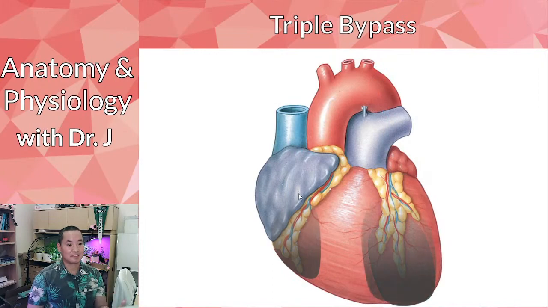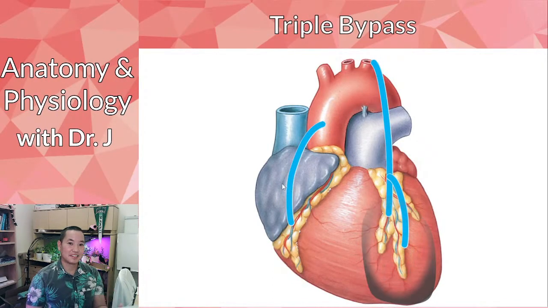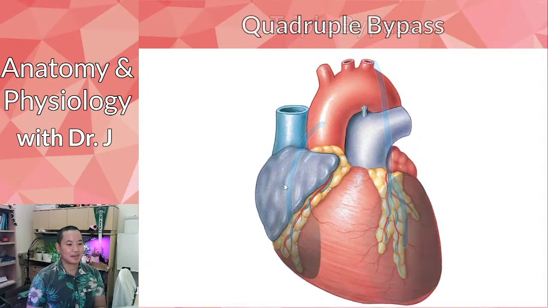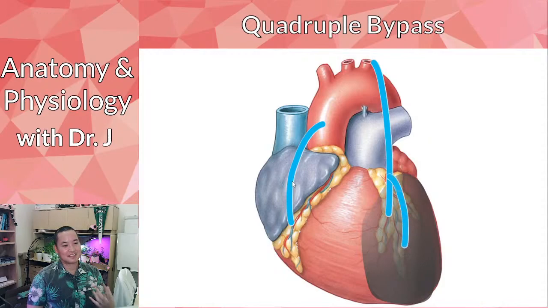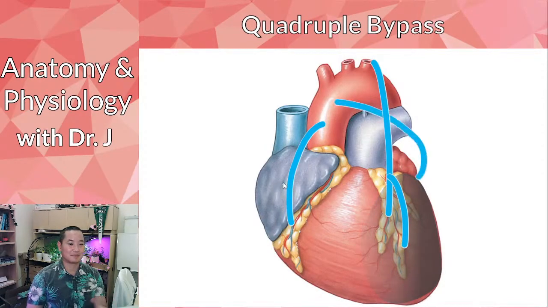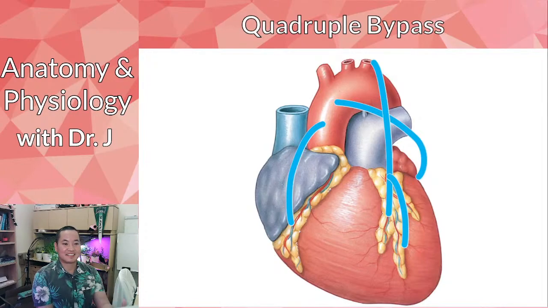Then if you have triple, that means you're going past here, and now you have 3 of these grafts, and then with a quadruple bypass, you have 4 of these. So it's not just about the severity of a heart attack, but also how many of these there are. Could there be quintuple? There could be, but what you notice is now you're getting all these grafts, and this is why quadruple bypass is pretty serious as well.